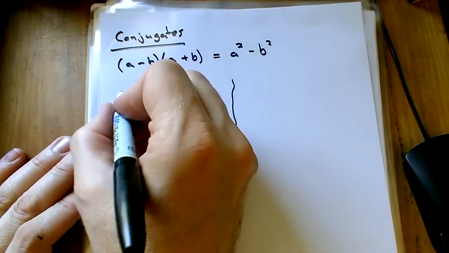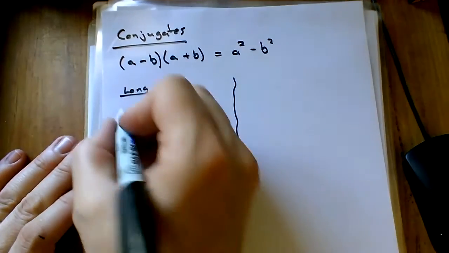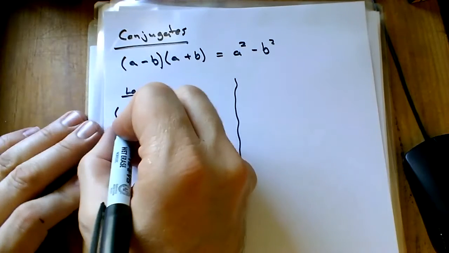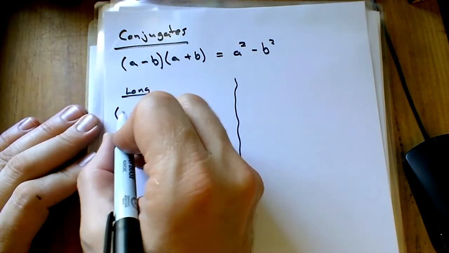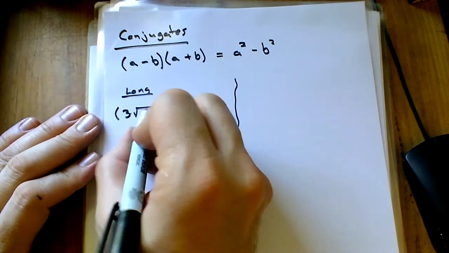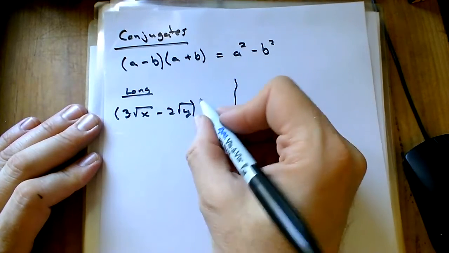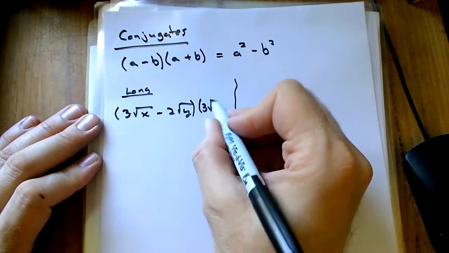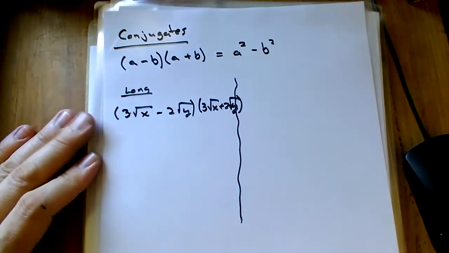So here's our long way. Let's say we've got, well, let's do that same one that we did before. Let's do 3 square roots of x minus 2 square roots of y. And I'll just multiply that by 3 square roots of x plus 2 square roots of y. Oops, I ran myself out of space.